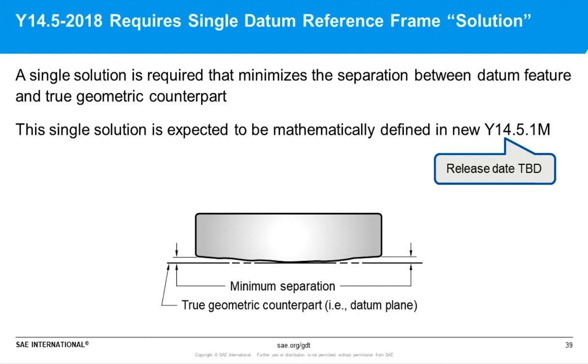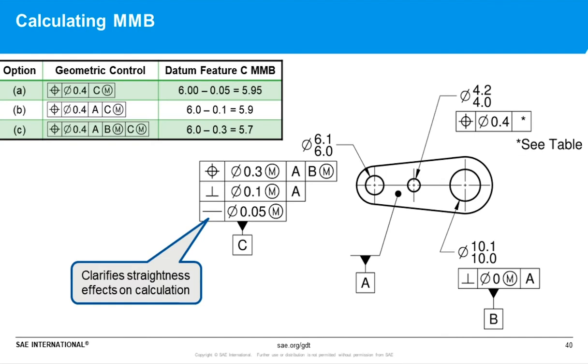There can be only one solution, and that solution has what's called the minimum separation between the datum feature and its true geometric counterpart. And the mathematical definition of that will be defined in the latest version of Y14.5.1-M. The release date, though, we don't have at this time for you. That will be determined.